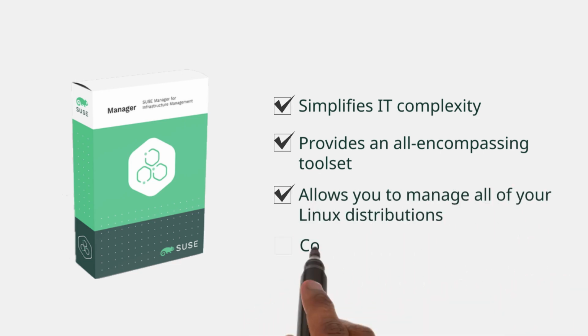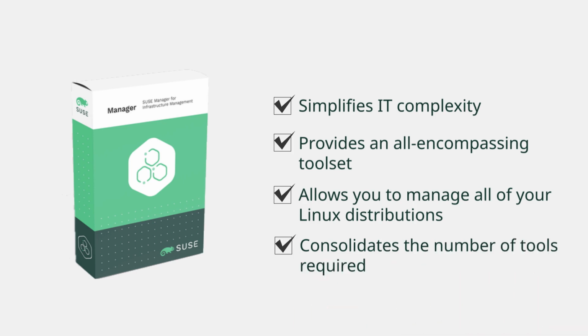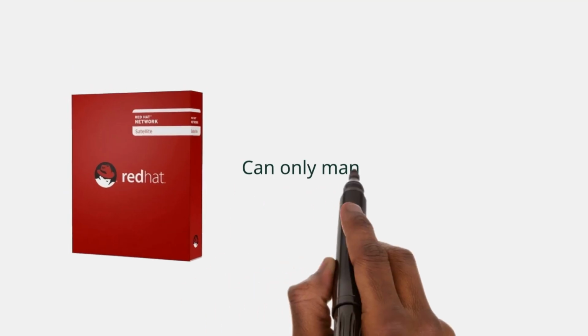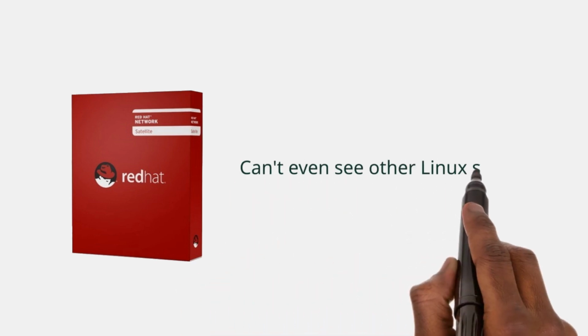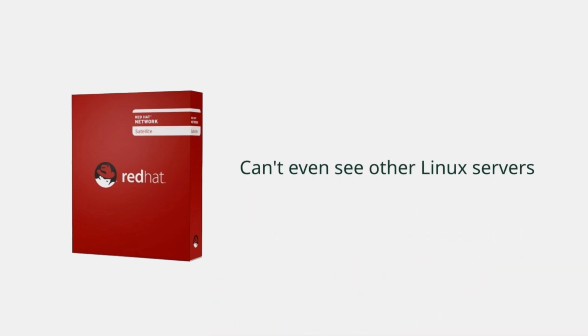And this makes it possible to consolidate the number of tools you need to manage whatever Linux distributions you have in your enterprise. Whereas with Satellite, you can only manage your Red Hat servers. In fact, Red Hat Satellite can't even see server instances of other Linux distributions, let alone manage them.